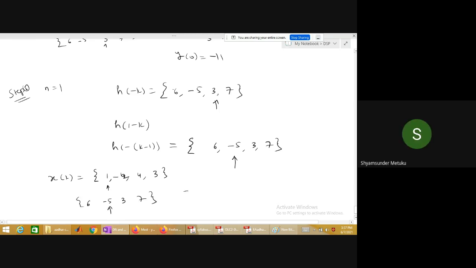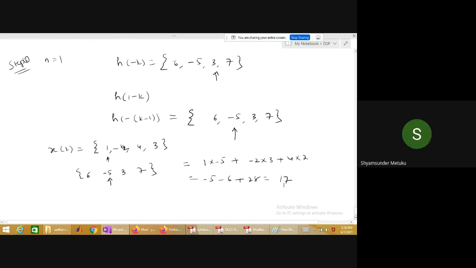So what are the overlapping regions now? 3 combinations. 1 into minus 5, minus 2 into 3, 4 into 7. So minus 5, minus 6 plus 28. So 28 minus 11, 17. So y of 1 is 17.